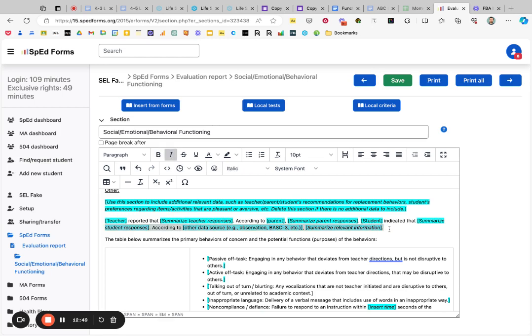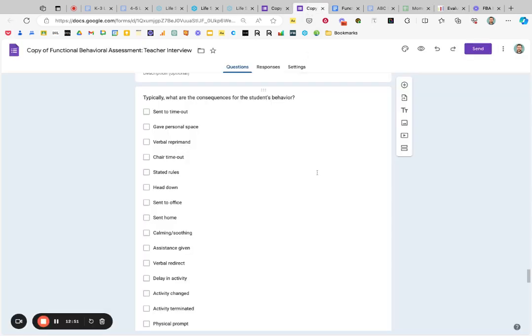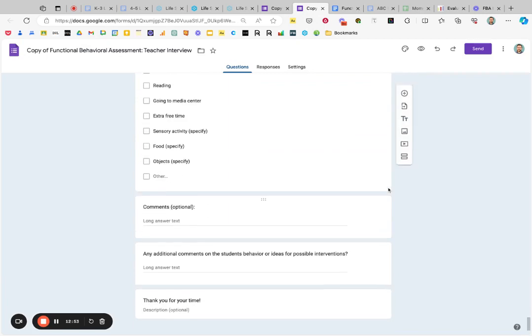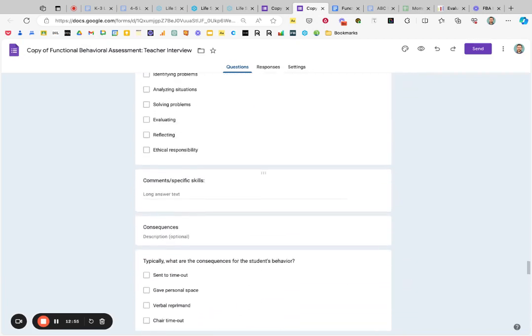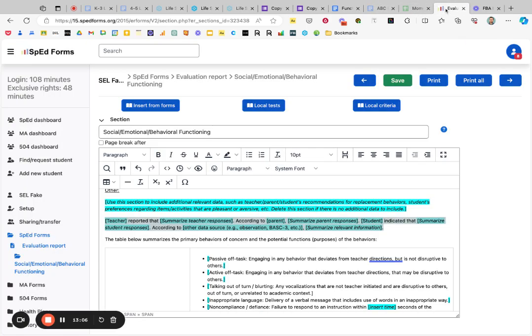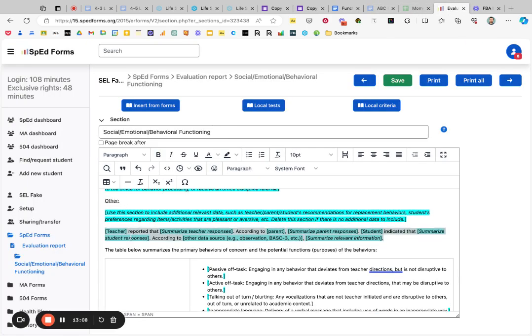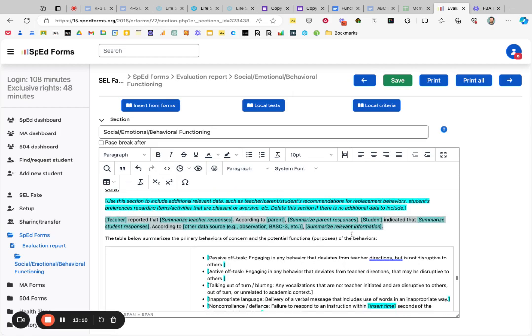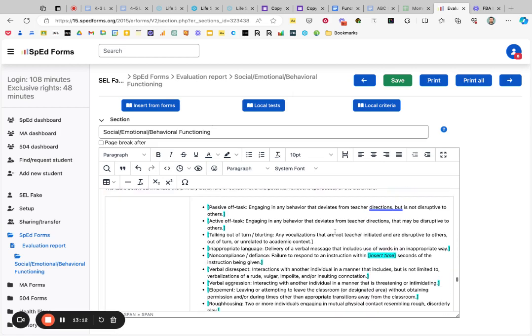Yeah, just extra information. There's parts in the teacher interview when we're asking about what types of skills the student, like what areas of responsible decision making could the student improve their skills? Like, do they need to work on problem solving? So that information, just other, can go here, and it doesn't need to be a novel.